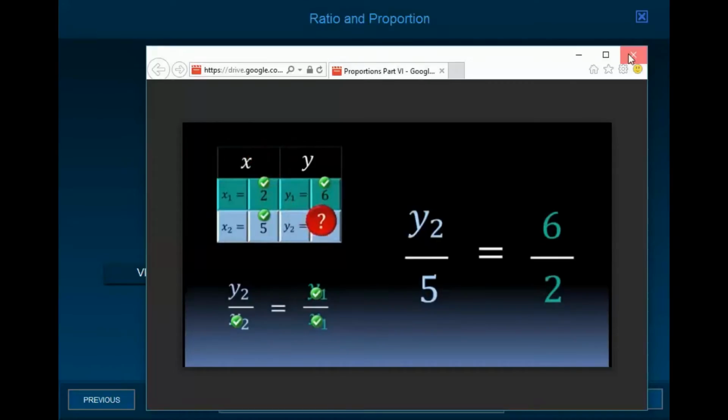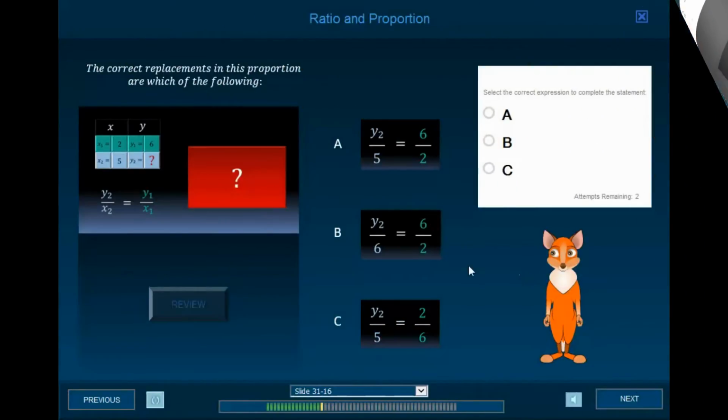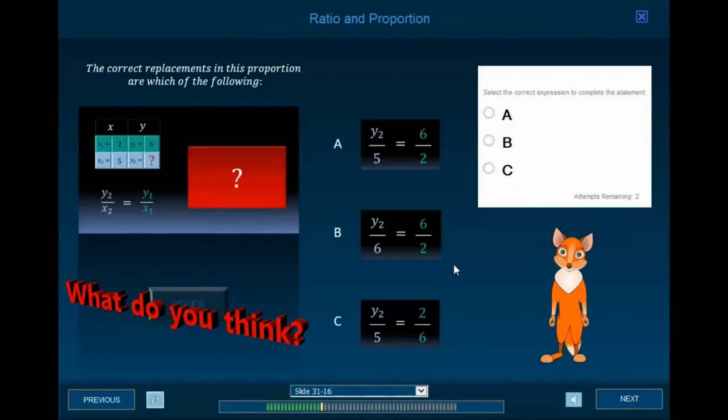And our goal is to find the value of y at that second point in time. And we can use our proportion to do this. The correct replacements in this proportion are which of the following?